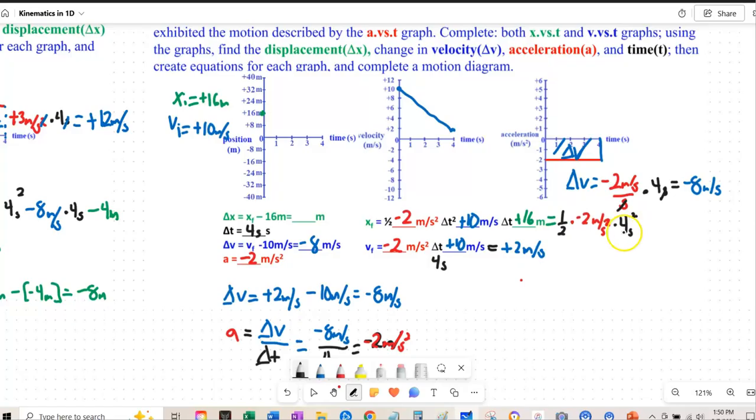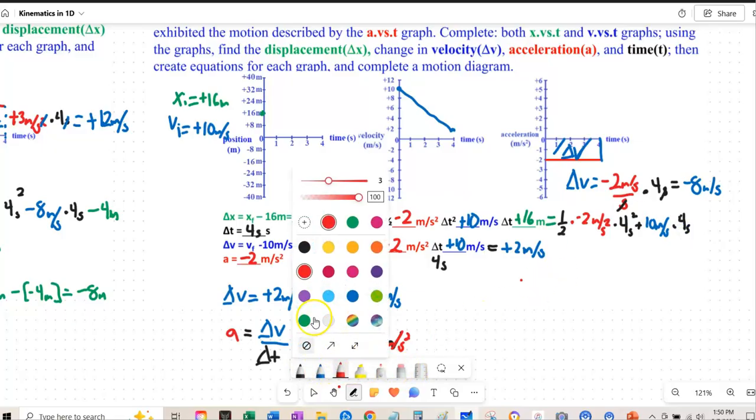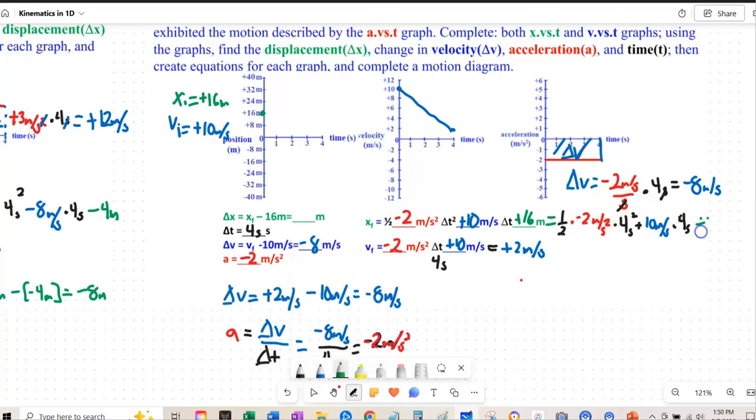This will end up being 16 again, plus +10 meters per second, times 4 seconds. And then we have our starting position, which is +16 meters.